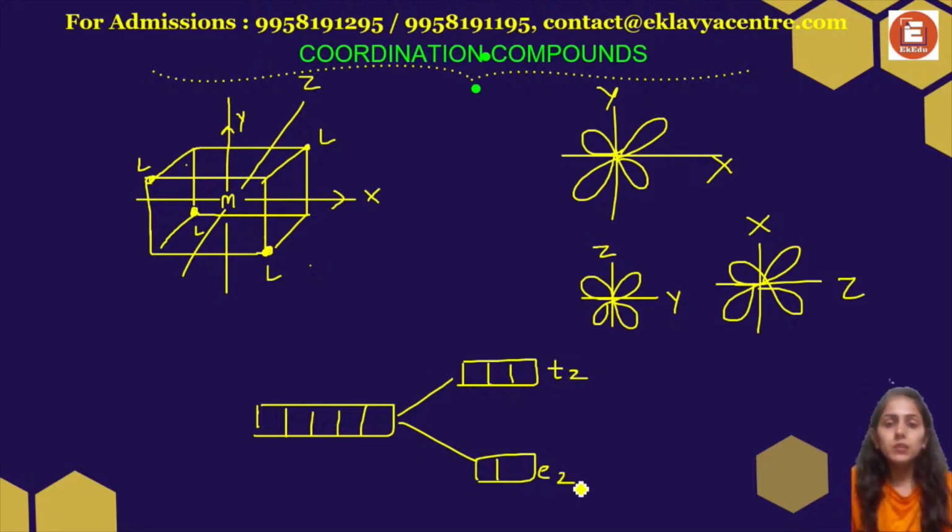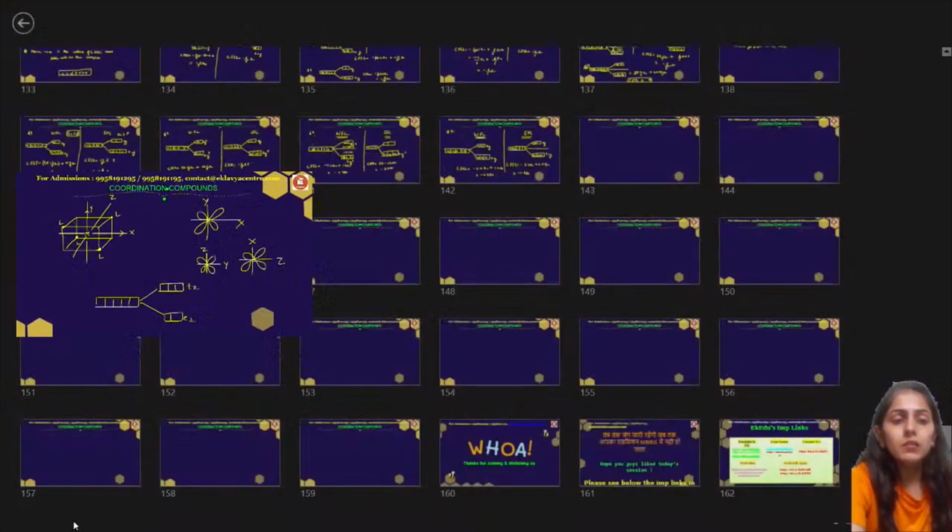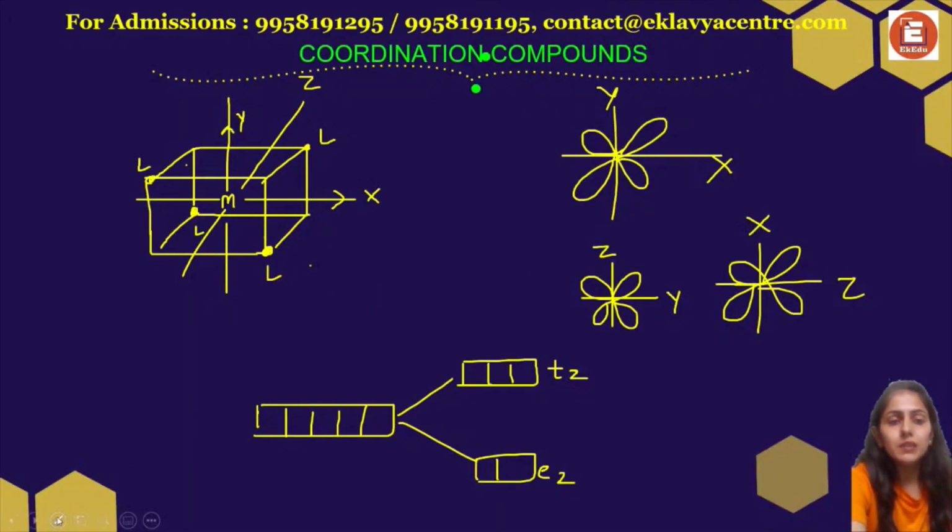This time T2 and E. In octahedral it is T2g, Eg. Why? Because this time the orbitals are not degenerate; in octahedral complexes the orbitals are degenerate, but here they are not.